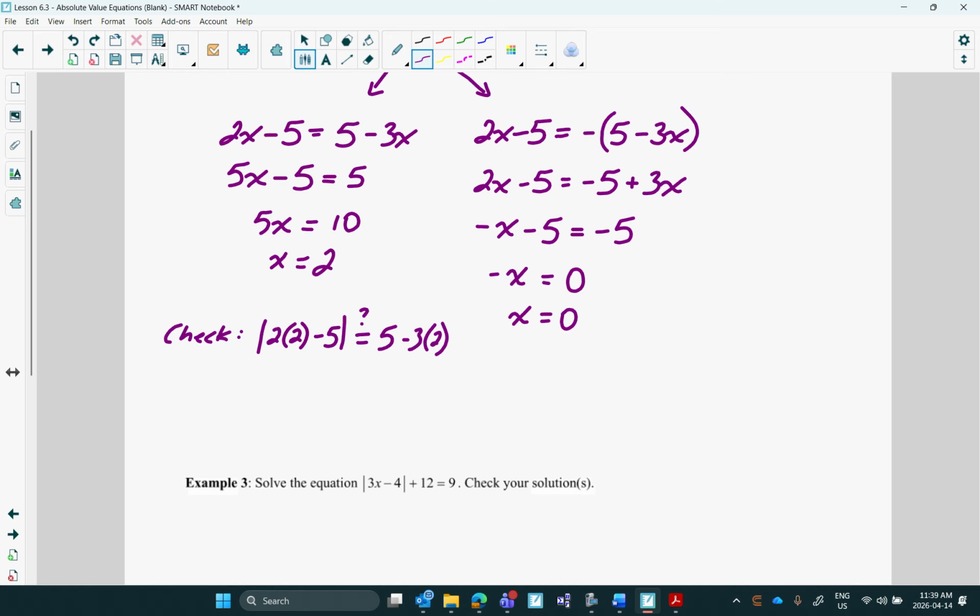And then take the absolute value, 1. How about this side? Negative 1. They do not equal each other. Okay? So, no good.